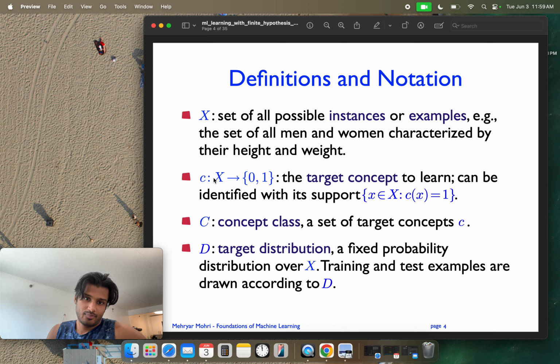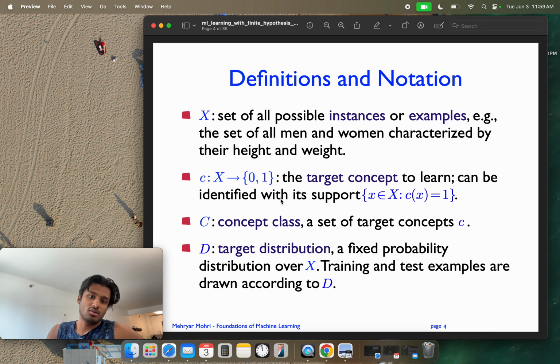C, small c, is a concept. It's a function which takes an input from X and gives a label 0 or 1. Here we are only dealing with 0-1 classification. The target concept is something that we want to learn. It's the actual truth, the real truth that we do not know. To identify this target concept, what we really need to know is only its support, that is, all the values of x in the set of all possible instances for which c of x is 1.